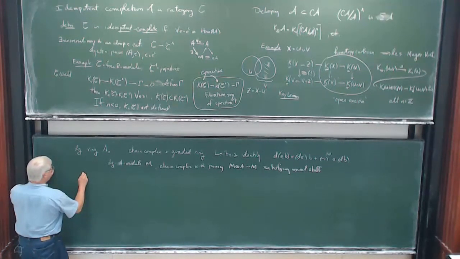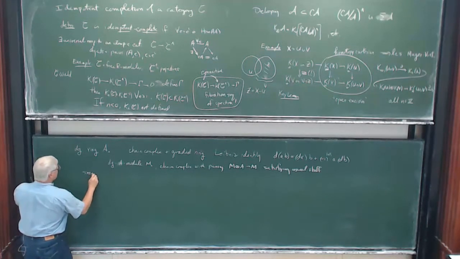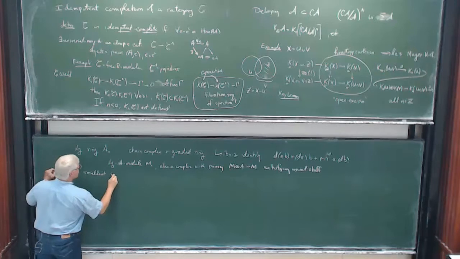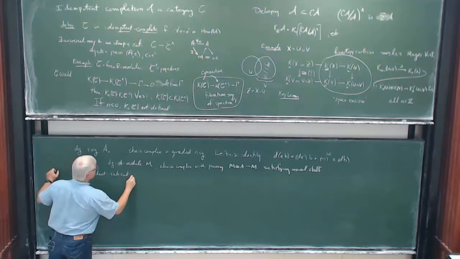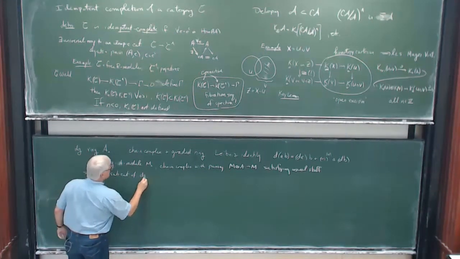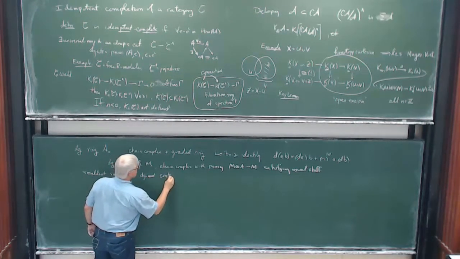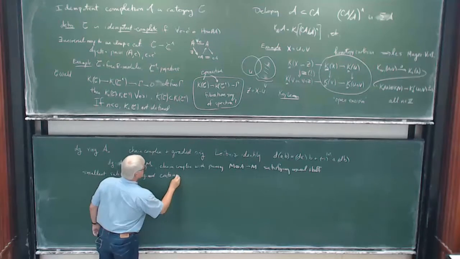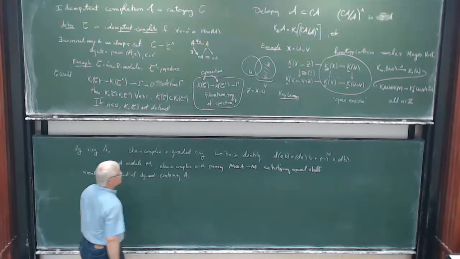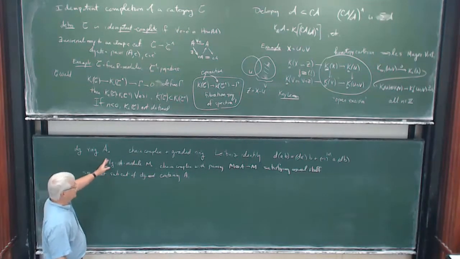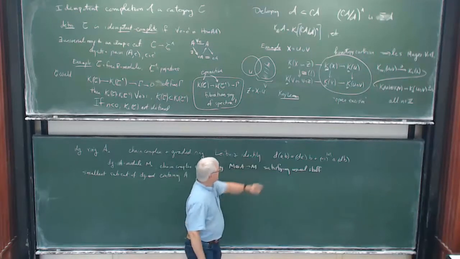And the smallest subcategory of DG mod which contains A. So one of the things is that A is a differential graded module because of this Leibniz identity.